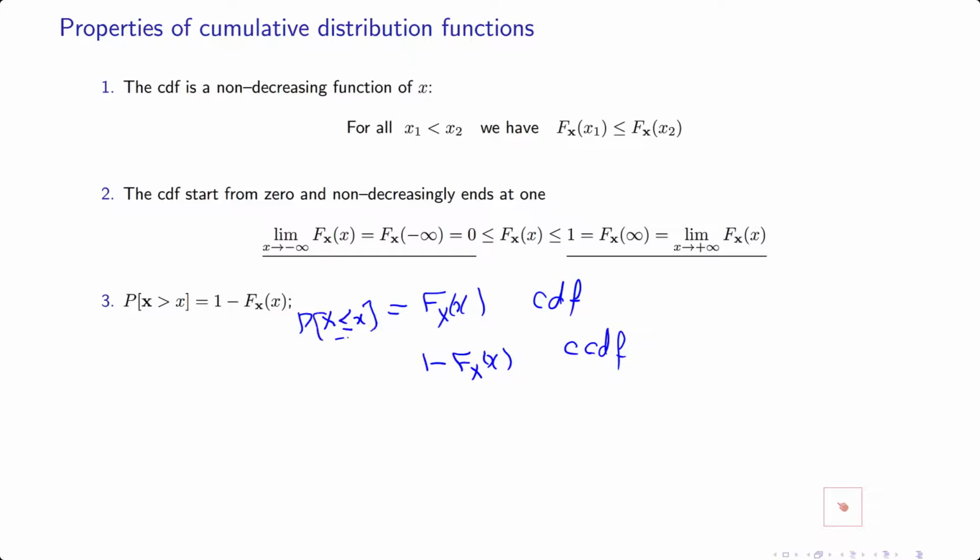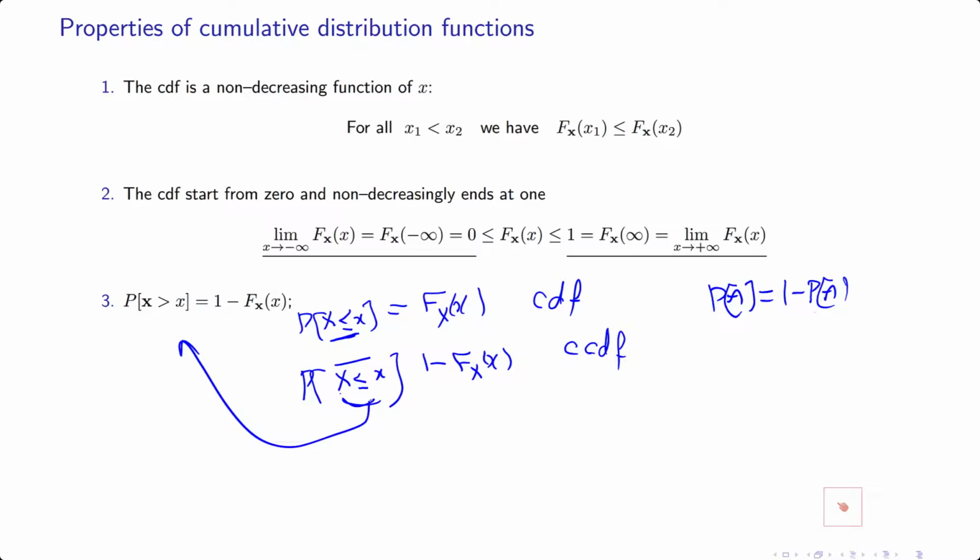Now the complement of this event is the probability that X is not smaller than or equal to x. You know that the probability of the complement of A is always equal to 1 minus the probability of A. So this is another property. The complementary CDF is 1 minus the CDF.